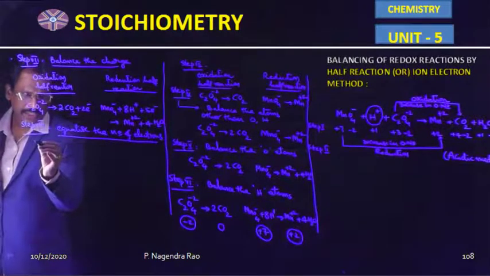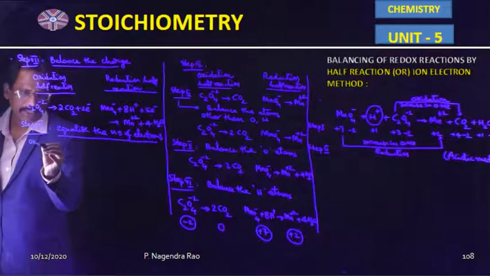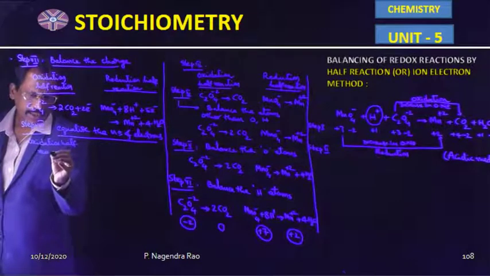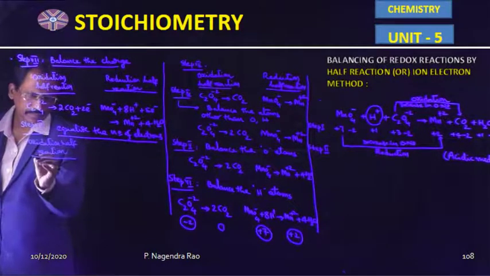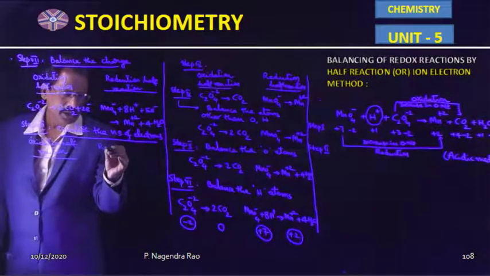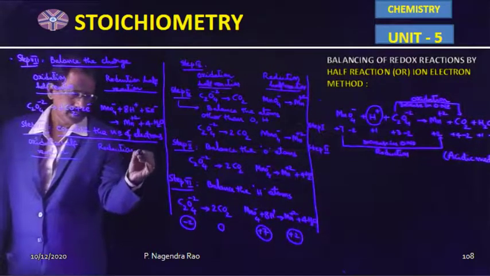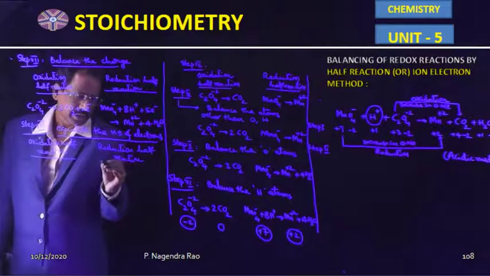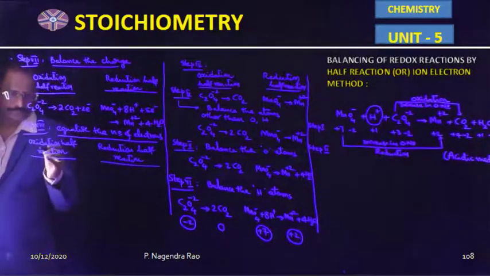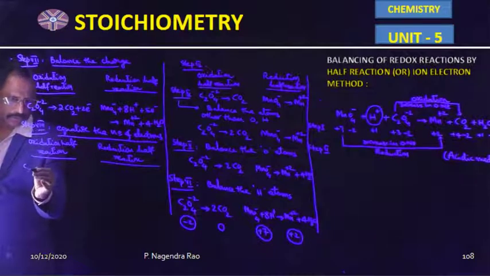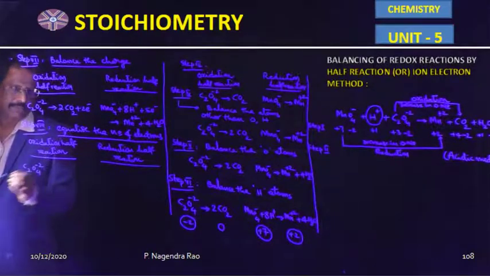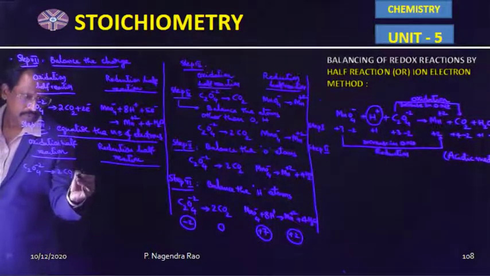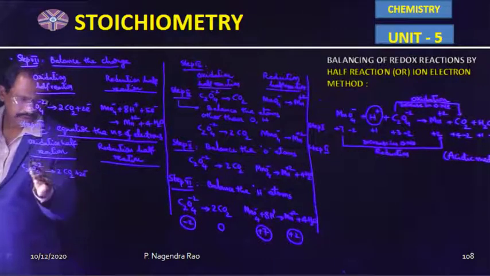The oxidation half reaction is multiplied with 5, and the reduction half reaction is multiplied with 2. So C2O4 minus 2 gives rise to 2CO2 plus 2 electrons.